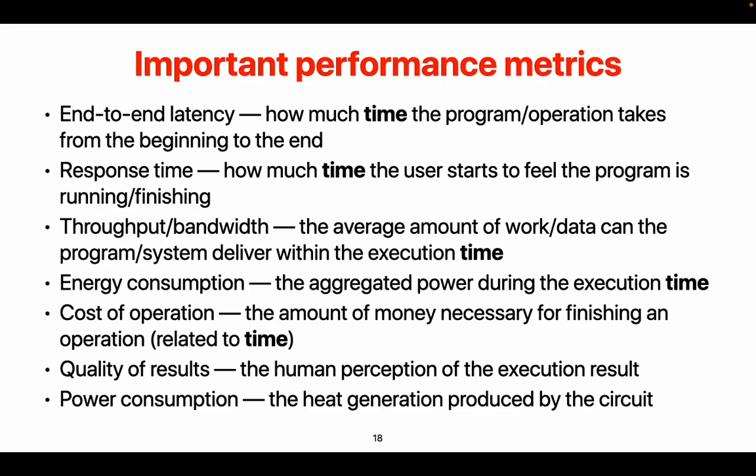And cost of operation is the amount of money to finish an operation within a given amount of time, right? And power consumption, the heat generation by the circuit, is also related to time. And quality of result, that's the only thing that's not related to time. Or maybe, if you give it sufficient time, how can you deliver the right quality of result within a period of time? So I would say time is the most important.